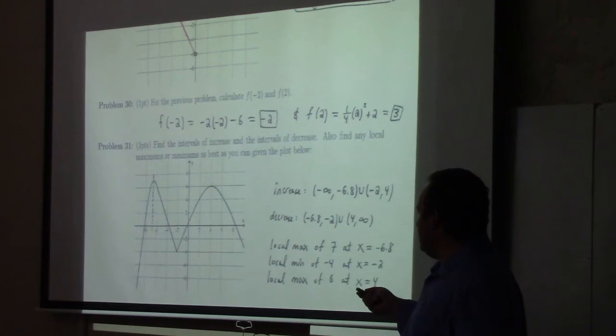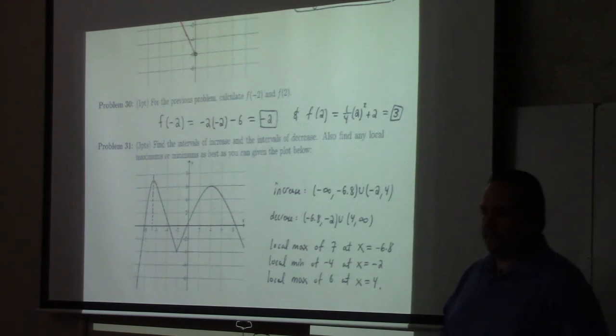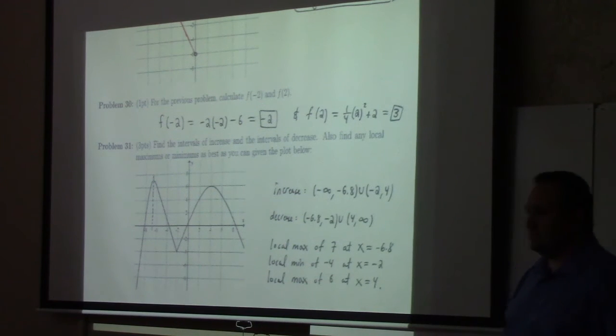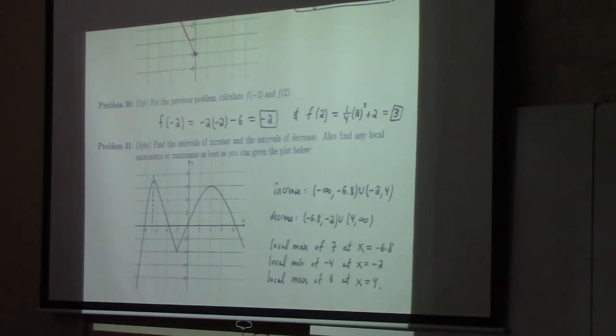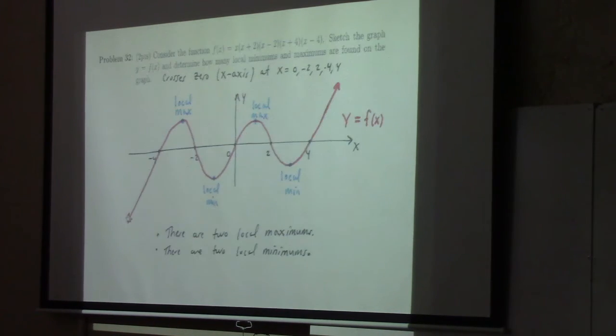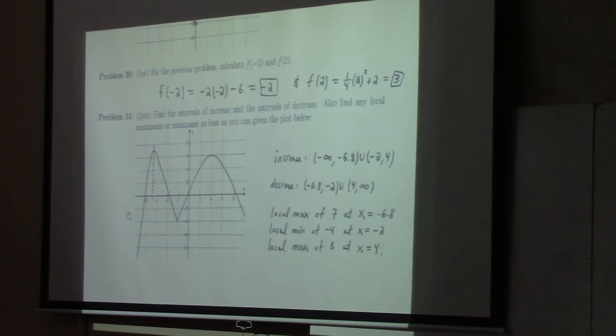And it's decreasing from about minus 6.8 to, I think, minus 2. And then it's decreasing again here from 4 to infinity. So that's why I wrote that. Increasing was, well, minus 2 to 4 also. Use whole numbers, is that okay? Yeah, it's fine. And I didn't write out the local maximum, I just drew a dot on it? Yeah, that's probably going to be okay. I really just want you guys to be aware of the concept.